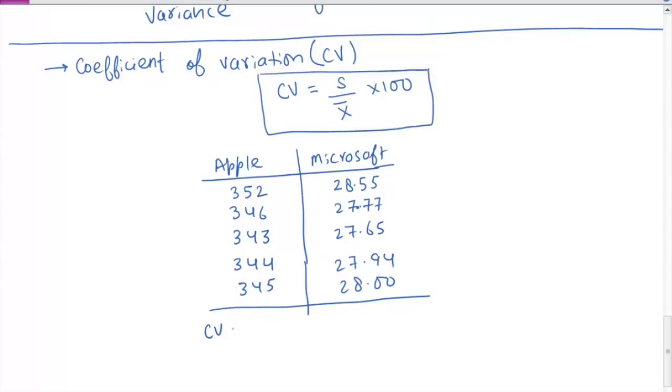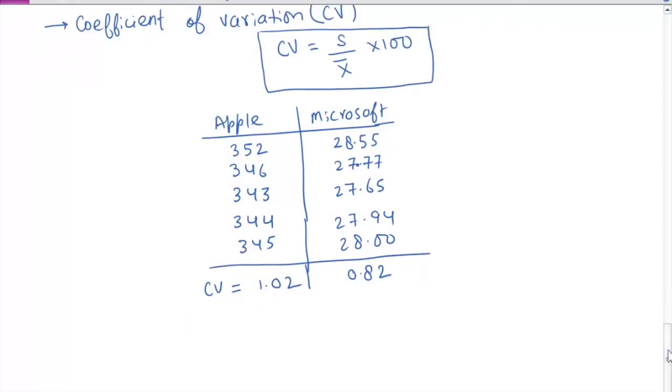You can try that and you should get CV of 1.02 for Apple and 0.82 for Microsoft. So it just happens in this case that coefficient of variation indicates that there is a larger value for Apple. That means compared to the two, in fact Apple does show more variability.